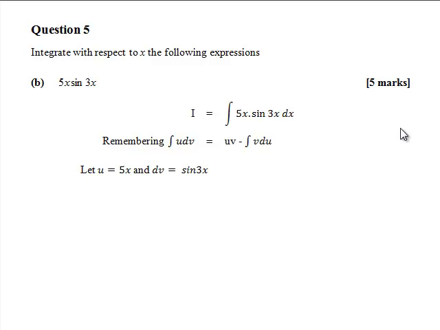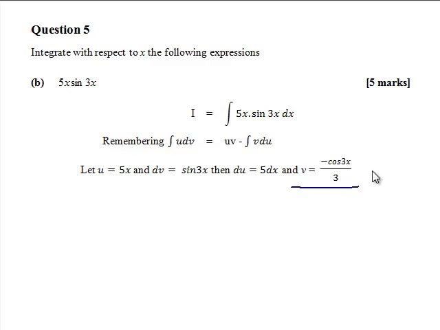So if we let u equal 5x and dv equal sine 3x, that gives us this expression here. That means that du is equal to 5 dx and v is equal to minus cos 3x over 3.